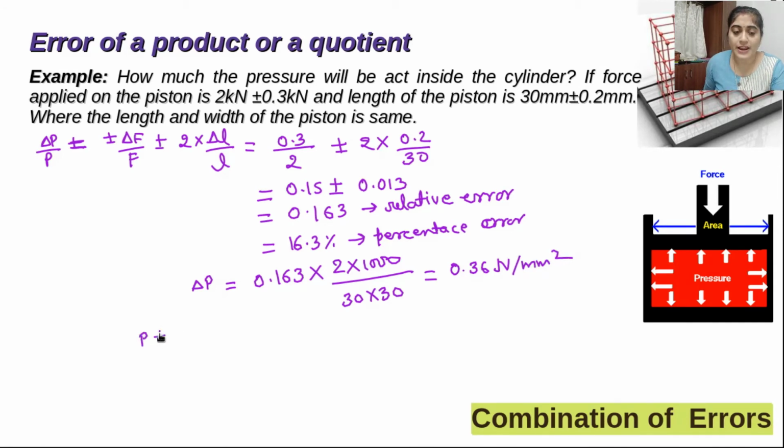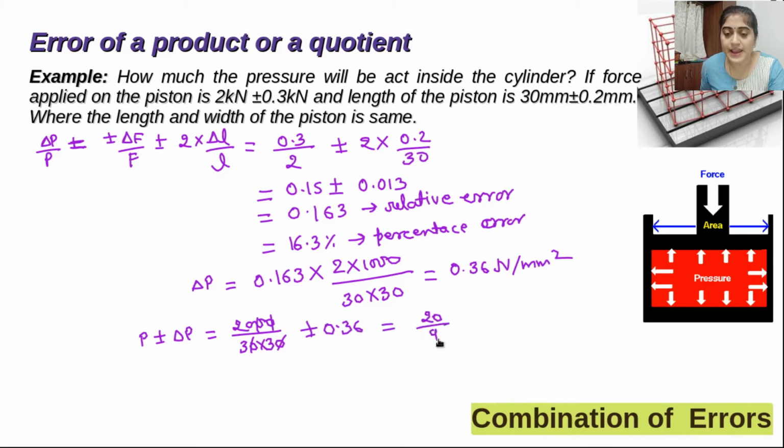So if you have to find P plus minus delta P, this P equals 2000 divided by 30 into 30. If you just cancel this and write plus minus 0.36, it will be 20 by 9 plus minus 0.36. This is your value in Newton per mm square. So this is the final pressure inside the cylinder.